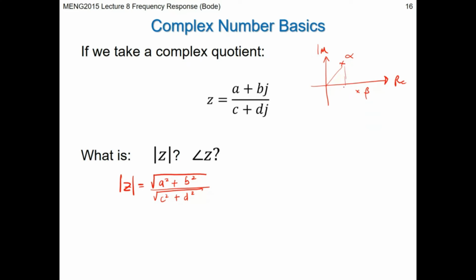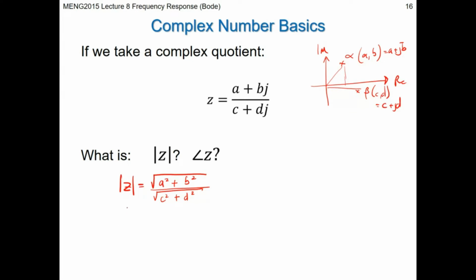Alpha is at coordinates a, b, so it's going to equal a plus jb. Beta is at c, d, so it's going to equal c plus jd. So what we're doing is we're dividing one by the other, so to get the quotient.